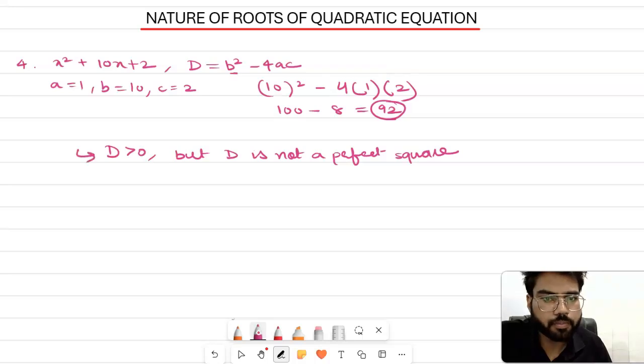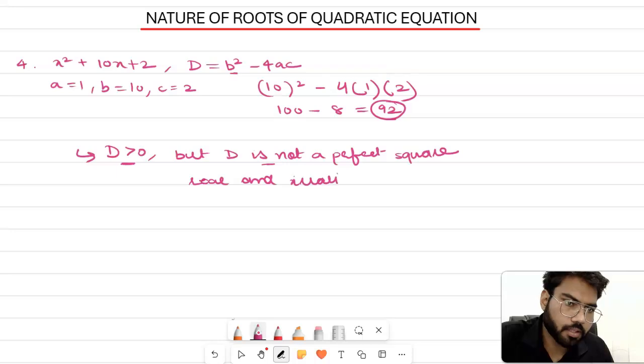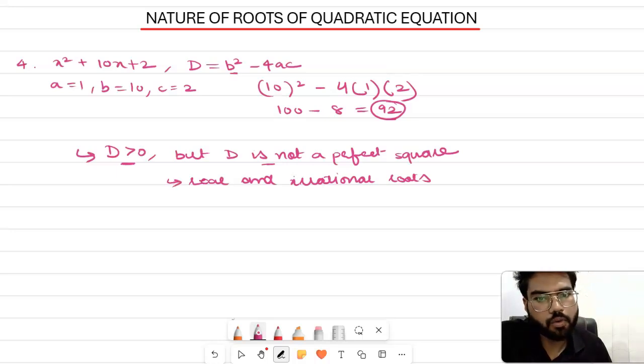So now we know that for case number 2, if d is greater than 0 and d is not a perfect square, in that case we will get real and irrational roots. So let's verify. Now quadratic is x square plus 10x plus 2.